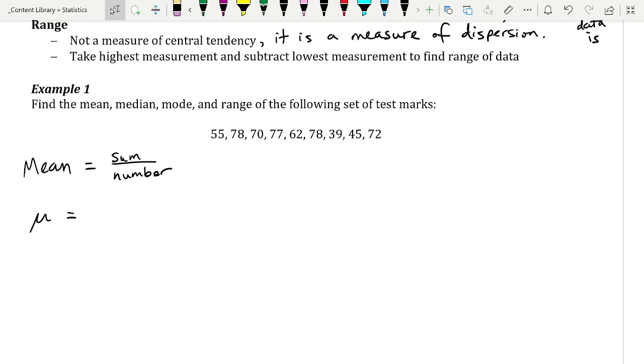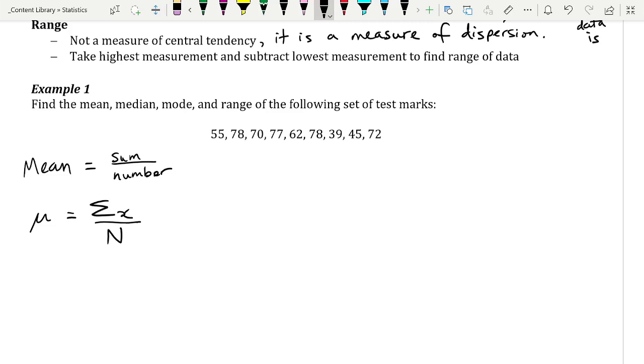Anybody know what it is? Close. Delta means change. Maybe you learned that in physics or in your science classes. Delta is the Greek letter we use for the symbol for change. The Greek letter we use for the symbol for I'm going to add everything up and make a sum is sigma. Sigma x, where x means just the data points, the variable, over capital N for all the numbers.